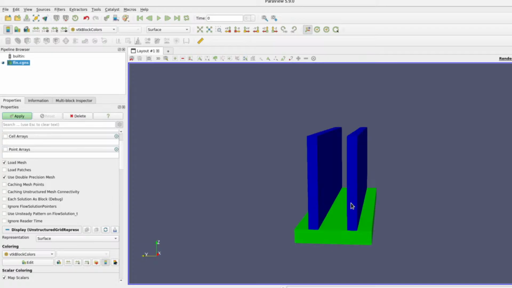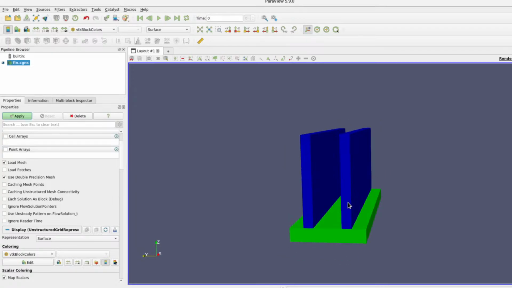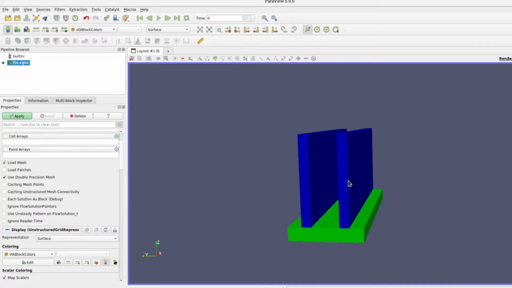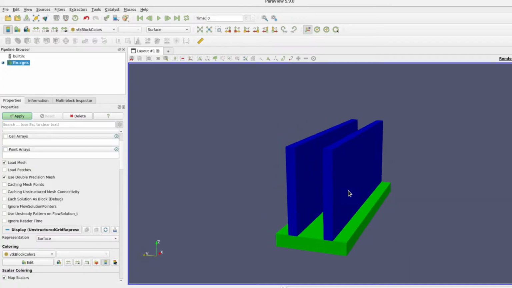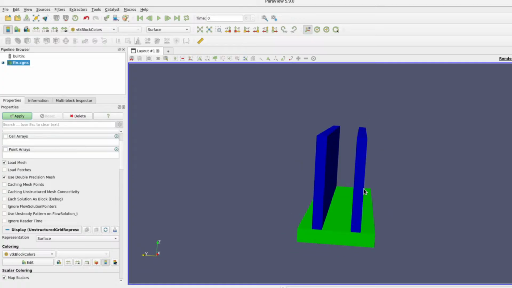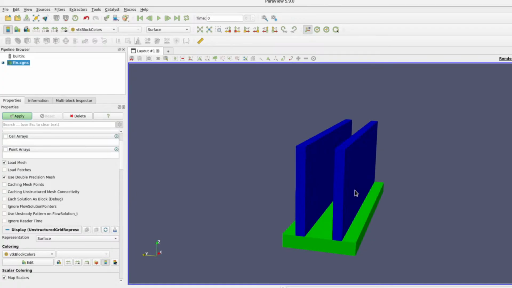Yes, you can see that there are two fins, and actually this blue one is still silicon, but it is just recognized as a different region. That's the reason why we have different colors, but that is just the silicon.